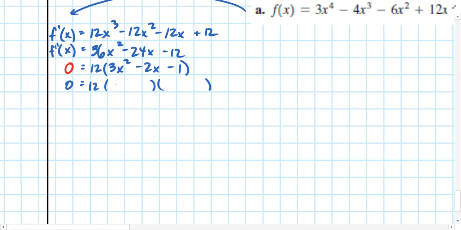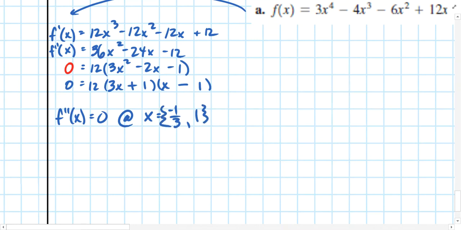And so if I were to guess and check, I would say that 3x times x gives me 3x squared, 1 times 1 gives me 1, and if I had a negative sign here and a positive sign here, then foiling would give me a negative 3x plus 1x, and that gets me back to the negative 2x. So we've factored, and therefore the second derivative will equal 0 at an x value of negative 1/3 and at positive 1.